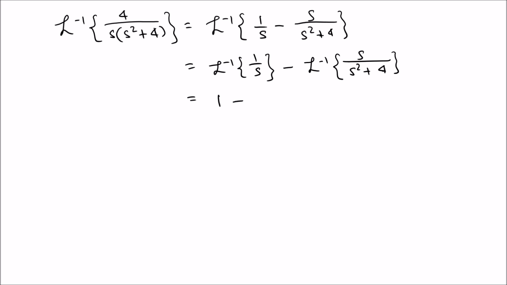Minus, here you can see omega squared equals 4, so that means omega equals 2. So your answer is cosine 2t.